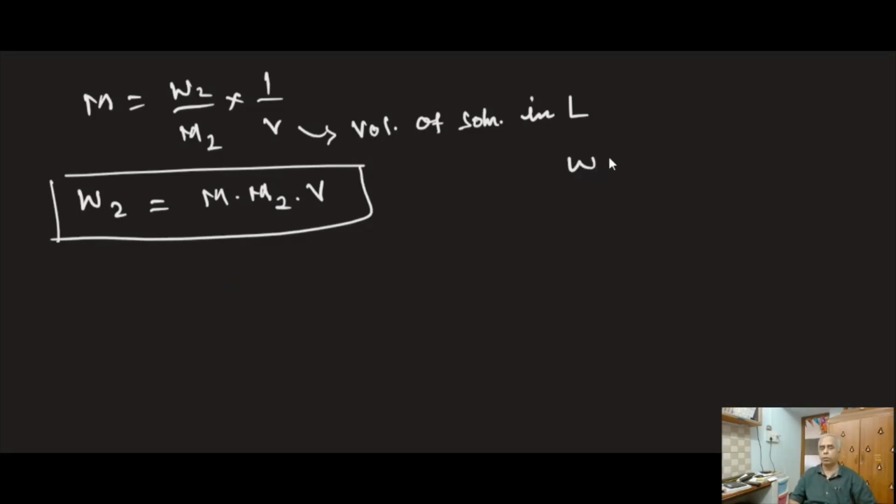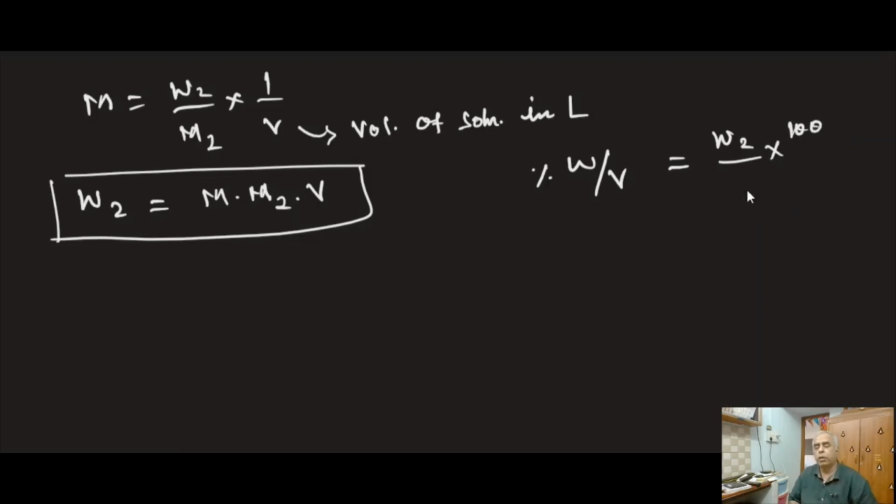weight of the solute present, because whenever you have some equation, there is every chance of questions being asked in different ways based on the parameters. For example, if you have four parameters, three parameters will be given and the fourth parameter can be asked. Anything can be asked.